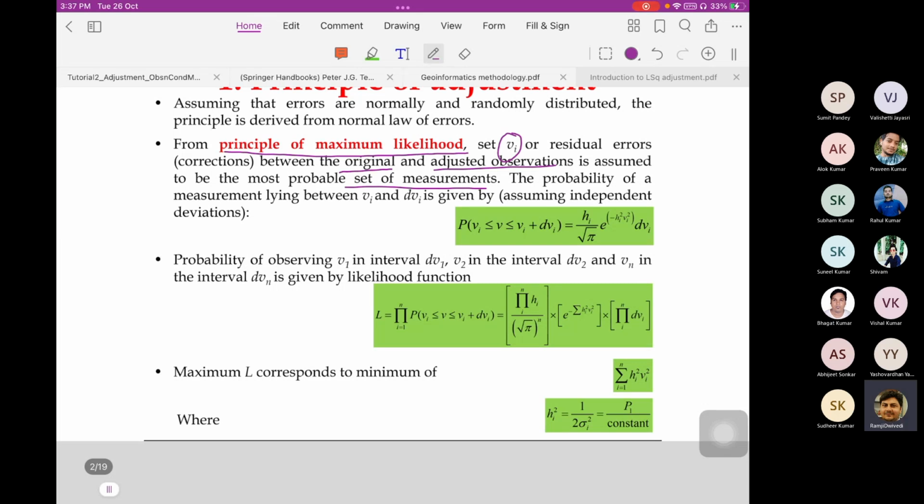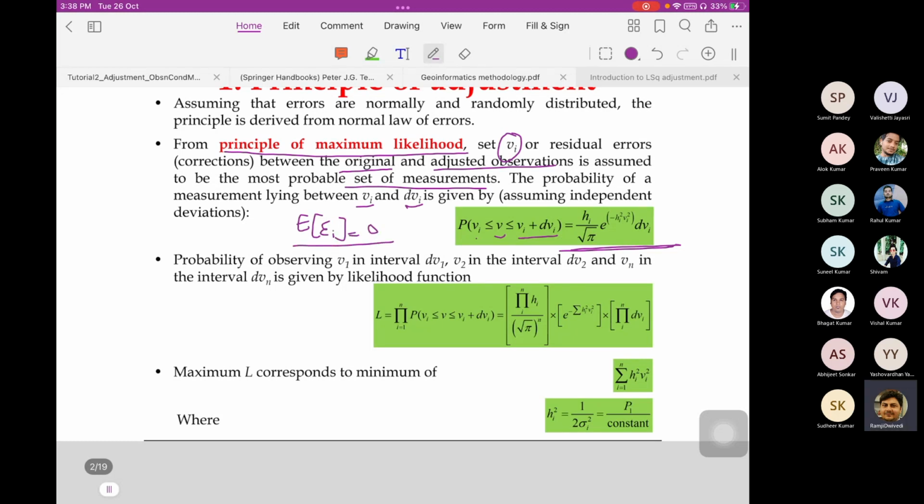The probability of measurement lying between vi and dvi is given by this equation. This is a very basic equation: the probability that v would take a value between vi and vi plus dvi is given by 1 upon sigma root 2 pi and so on, where the expectation of the error is zero.